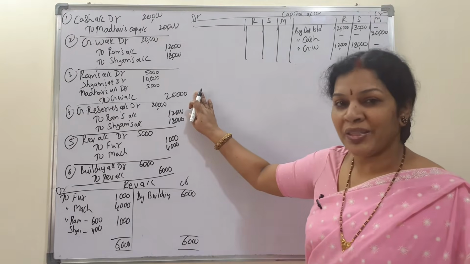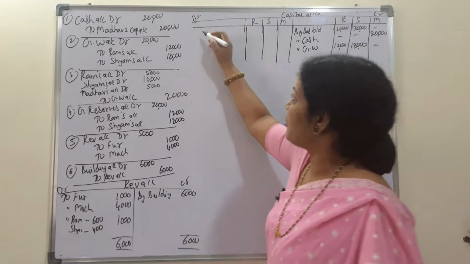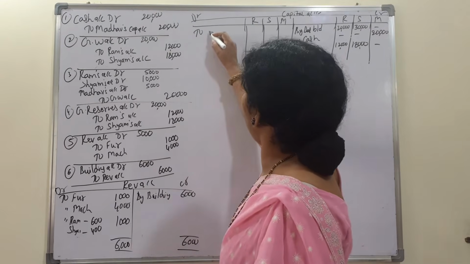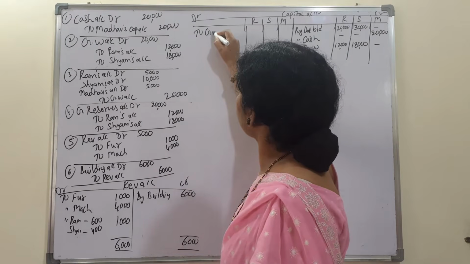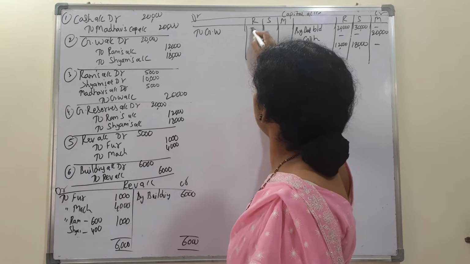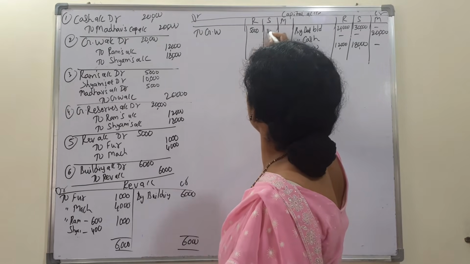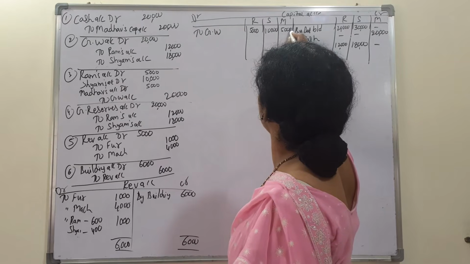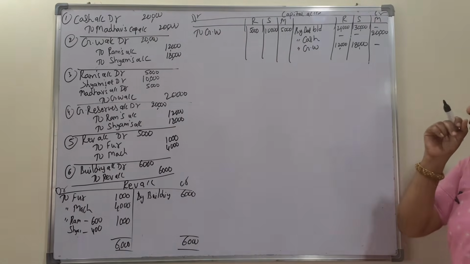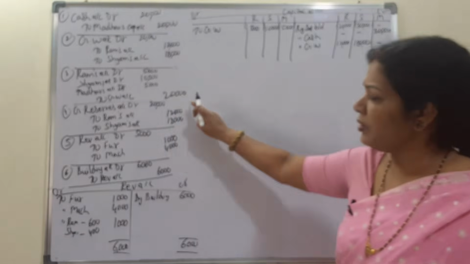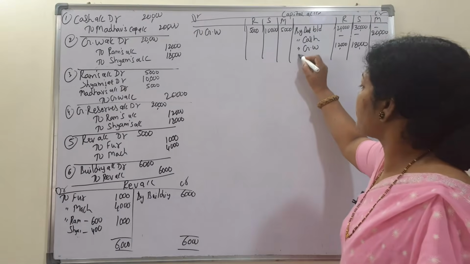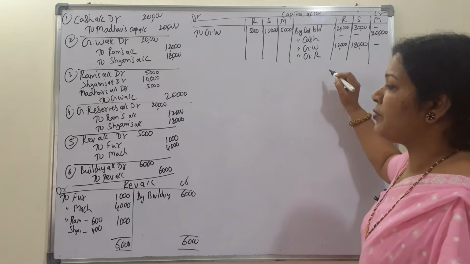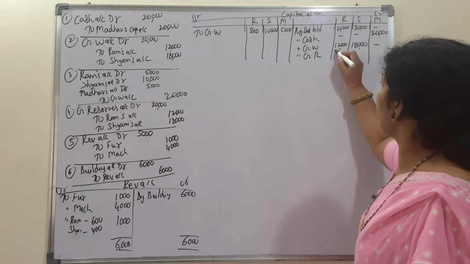Written off means all the partners come, so it's on the debit side. 5,000, 10,000 and 5,000. After the general reserve, 12,000 and 18,000.